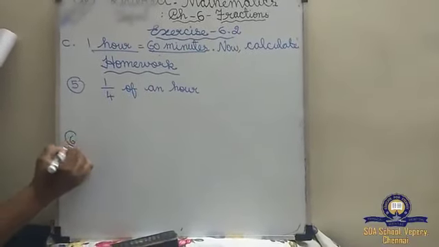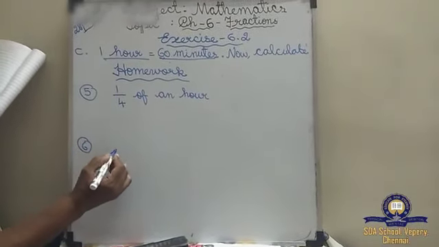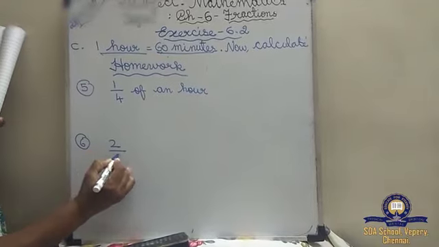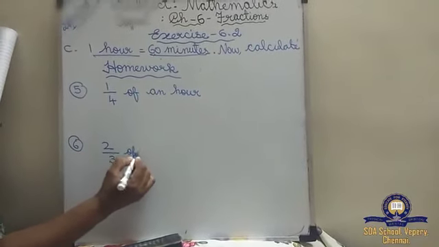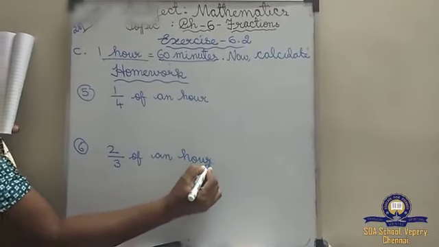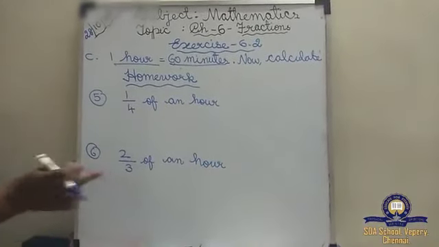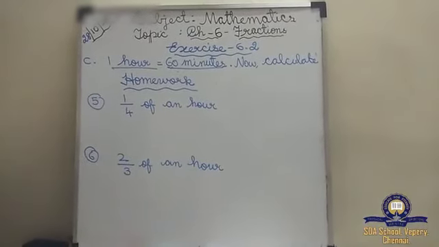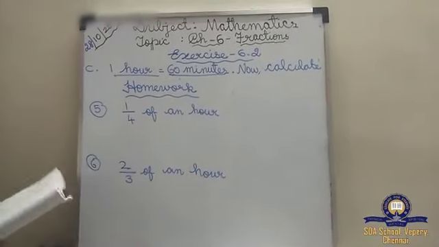And the 6th one: 2 by 3 of an hour. See, 2 sums I have given. Okay, children, will you do it?